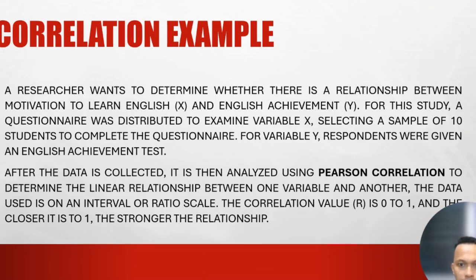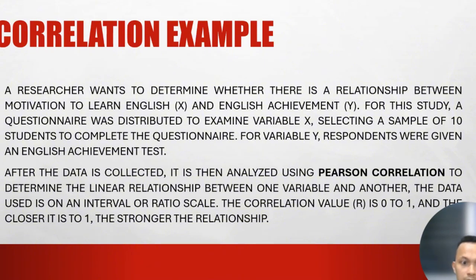Okay, correlation example. A researcher wants to determine whether there is a relationship between motivation to learn. I think you already understand about this. After the data is collected, it is then analyzed using Pearson correlation to determine the linear relationship between one variable and another.